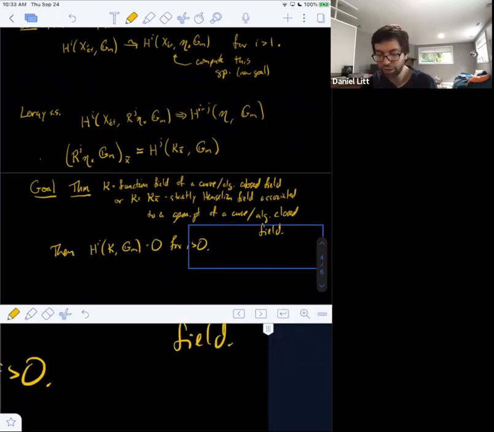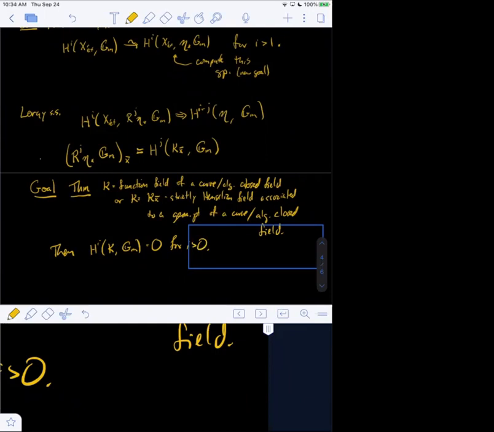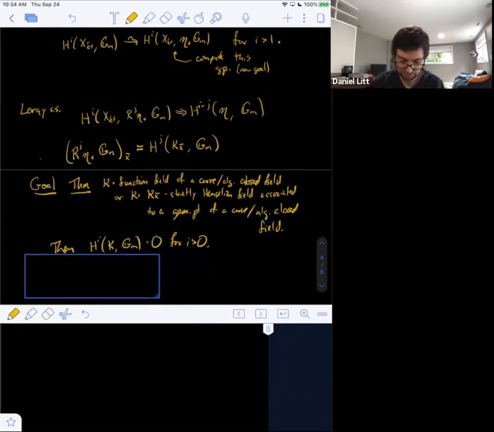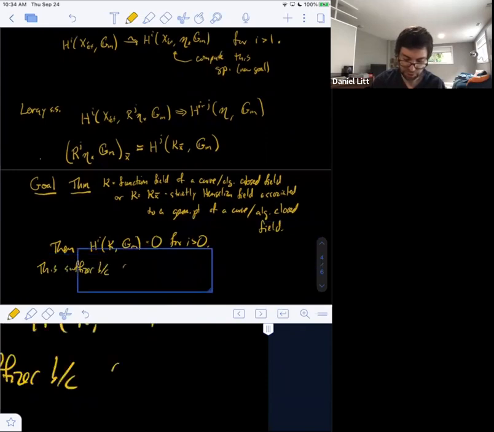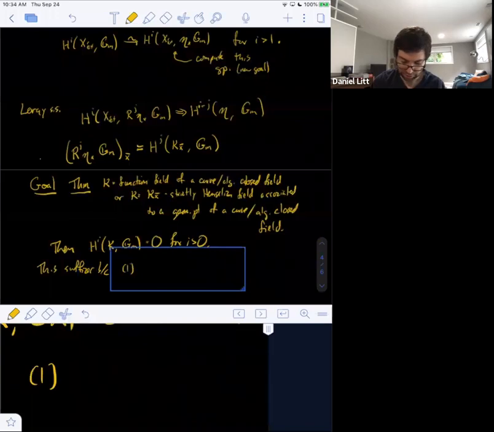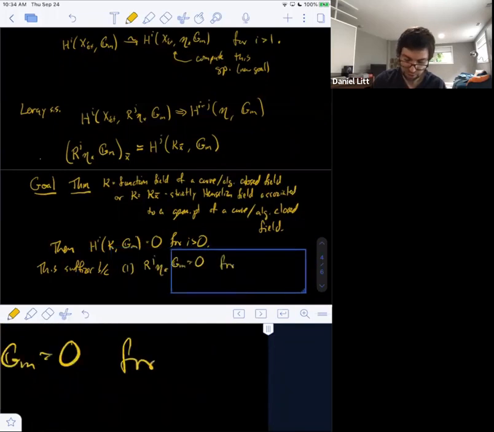Can anyone tell me why this suffices? It shows that the pushforward is zero because all its stalks are zero. So why does this suffice? This suffices because, first of all, it shows that R^j eta lower star of G_m is 0 for j bigger than 0.